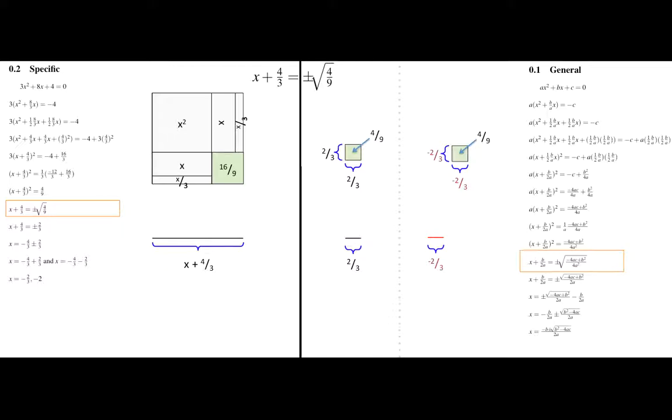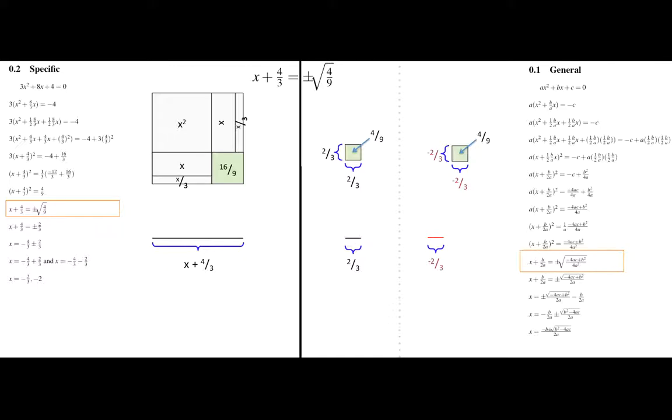Now, a couple of things to note here. One is that if we're talking graphically, the square root of a square is the side length. The square root of something is the side length that would give you that area. So for x plus 4/3 quantity squared, the side length is x plus 4/3, just like we've seen.